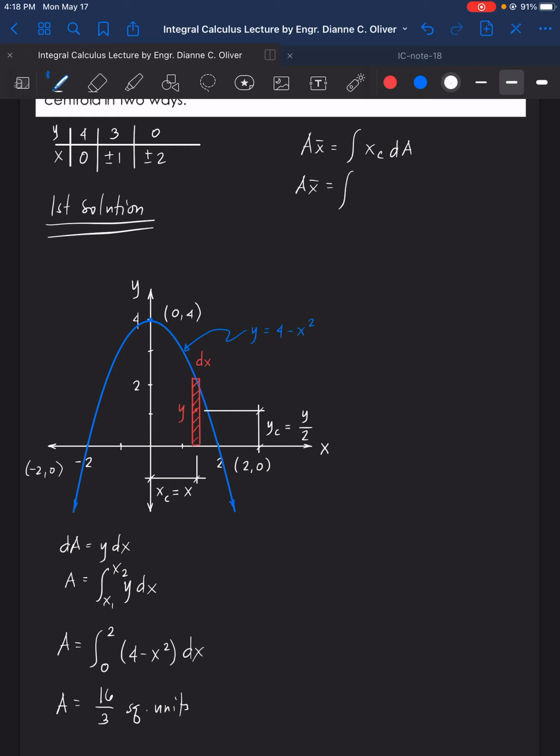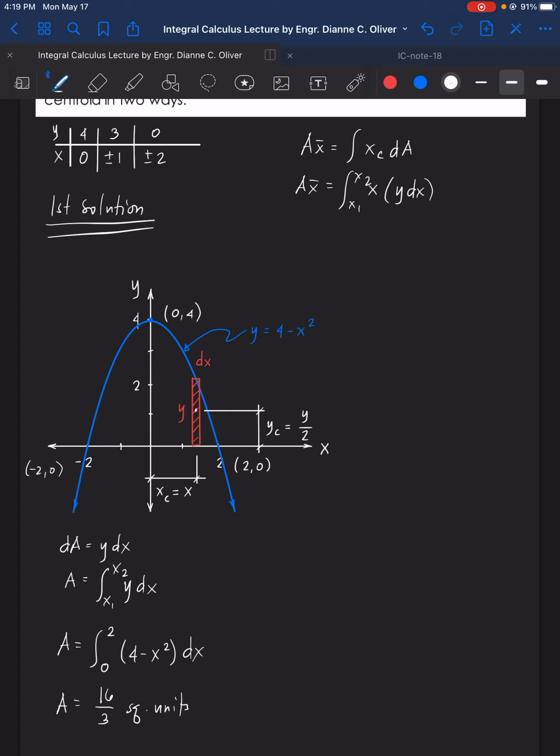For the xc, the location of the center of the area strip, xc is equal to x. Then dA here is y dx. The limits are x1 to x2.